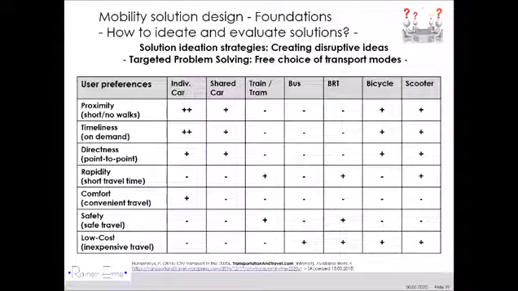There might be shared cars, so car sharing services, trains, buses, BRTs, bicycles, scooters, but it's not the number of options which is key here, but rather how these transport options can solve problems users have when commuting to the city. And this requires market research.